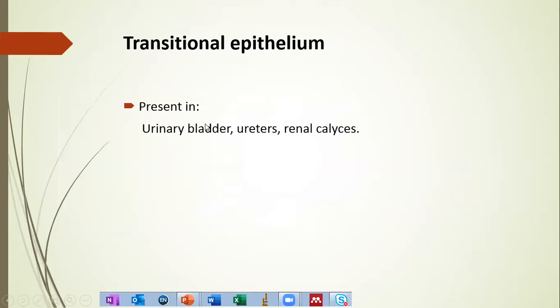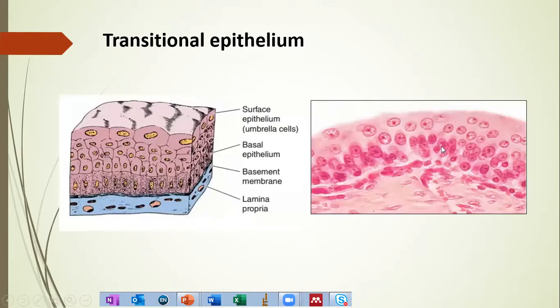In the urinary bladder, when the bladder is full, these layers will be compressed and distended. The epithelium is distensible, it has the ability to be distended.